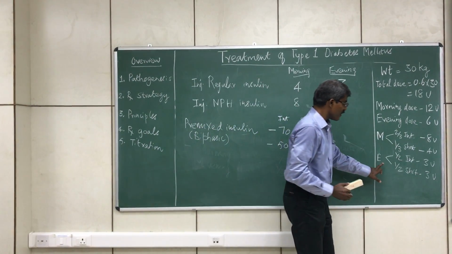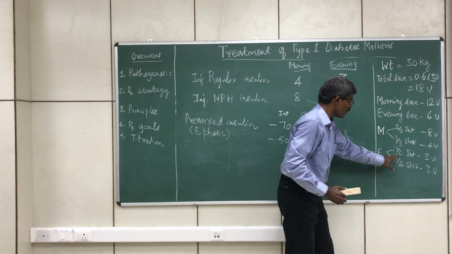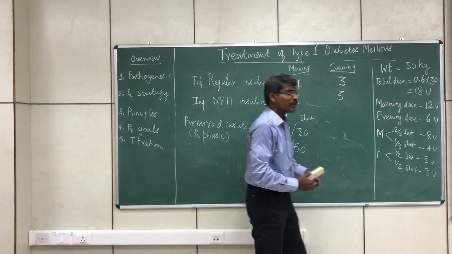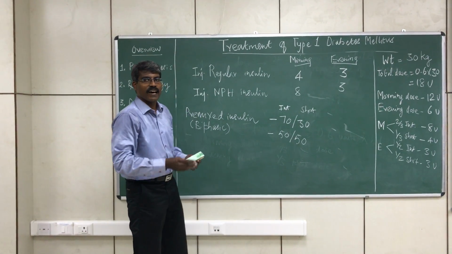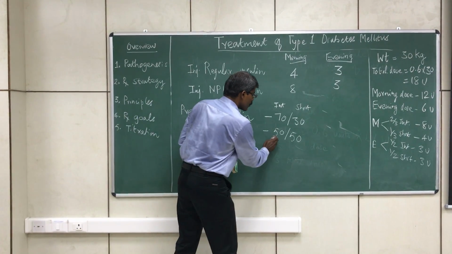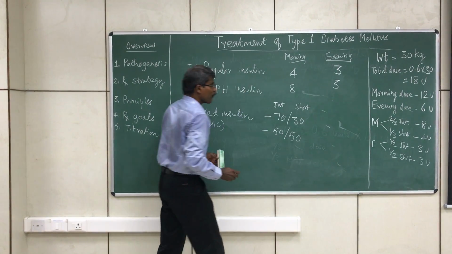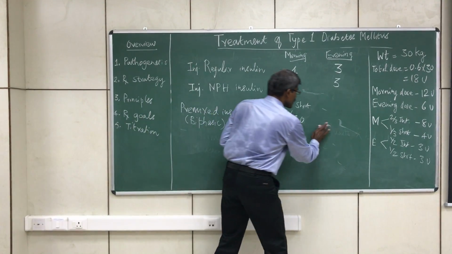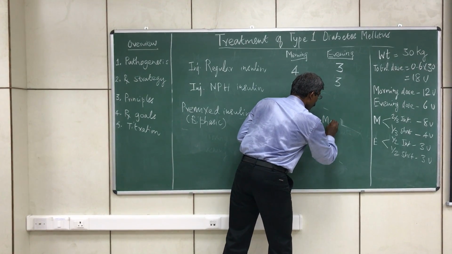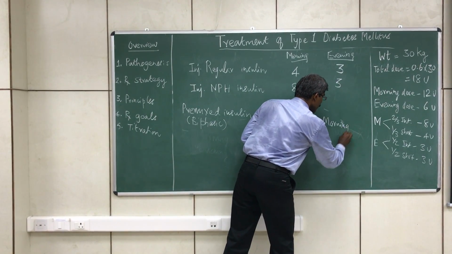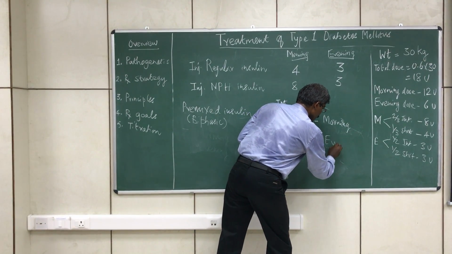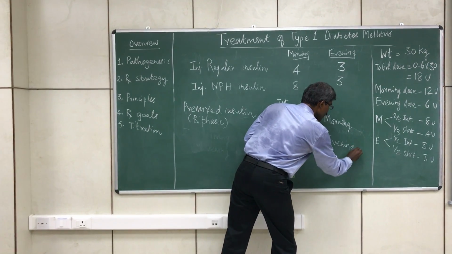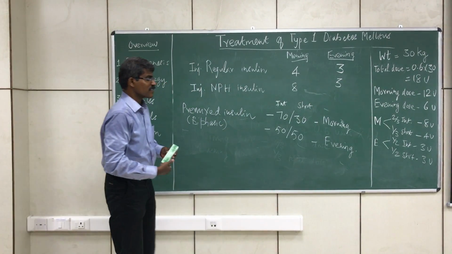You can see here, by principle, in the evening dose half of it is intermediate acting and the other half is short acting. So that's why this is available as a 50-50 mix. So this 70-30 is ideally preferred for morning use, and this is for the evening use in a 2 injection regime.